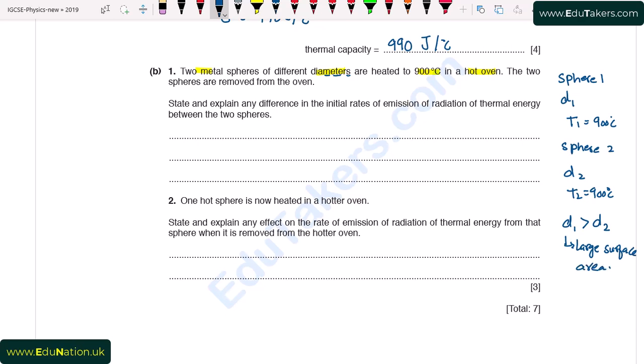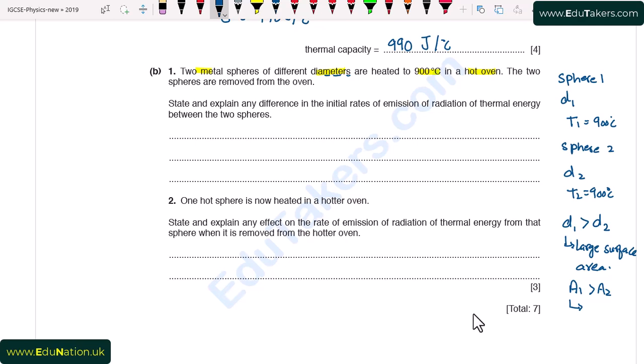So there will be a greater rate of emission of thermal radiation for the sphere that has the larger diameter. A1 is greater than A2. So the sphere that has the larger cross-section area will emit most of the radiation.